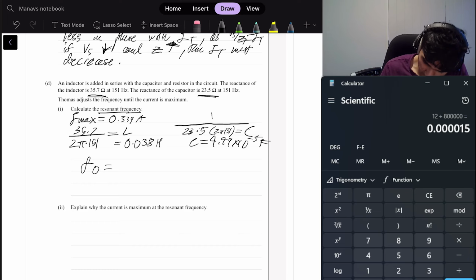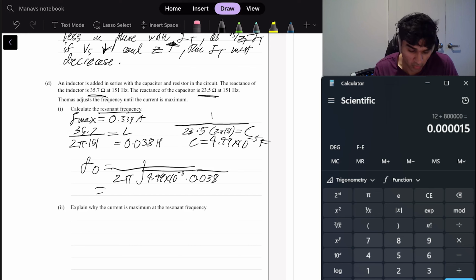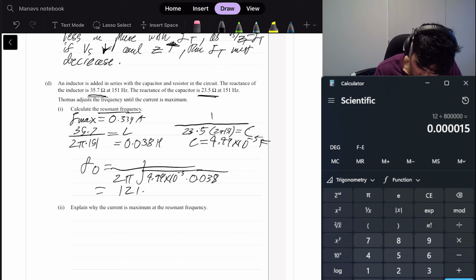Right, so then we can plug it all into the equation again: 2 pi times the square root of 4.49 times 10 to the negative 5 multiplied by 0.038. We can find our resonant frequency. Okay, that's a good value: 121.91 hertz, which is equal to 122 hertz to 3 s.f.